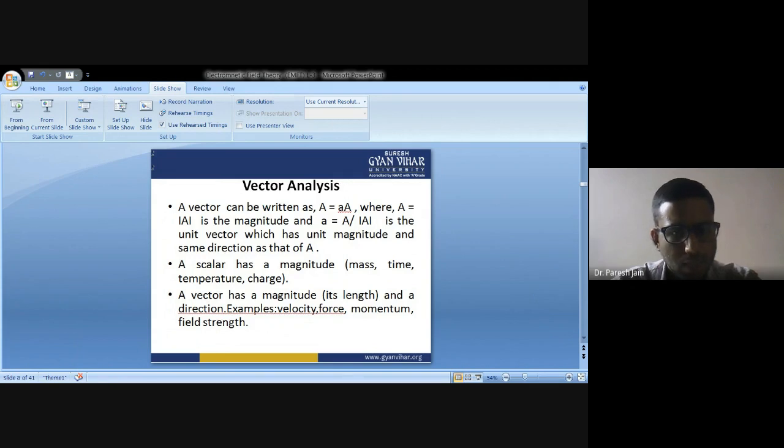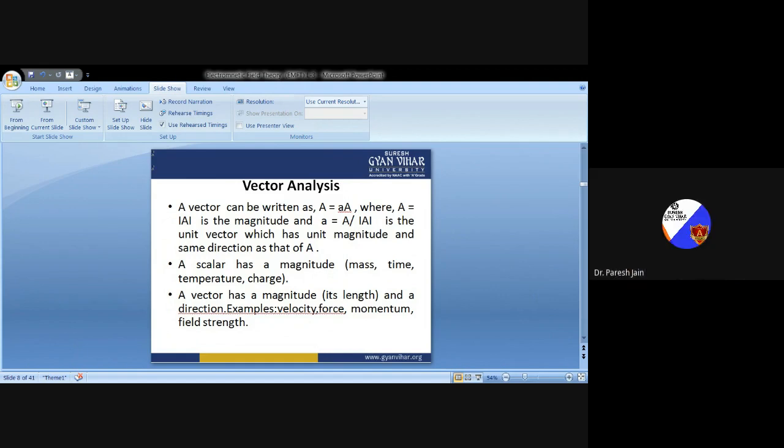A scalar has magnitude. We already discussed that a scalar has only magnitude with its sign, but a vector has magnitude as well as direction.